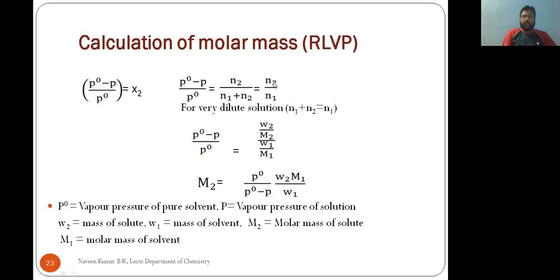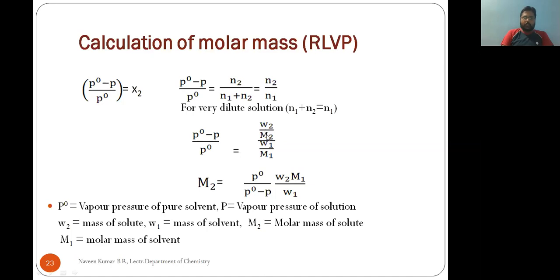Quickly recalling: N2 is W2 by M2, N1 is W1 by M1, where W is mass and M is molar mass, 2 for solute and 1 for solvent. W2 is mass of solute, M2 is molar mass of solute, W1 is mass of solvent, M1 is molar mass of solvent.